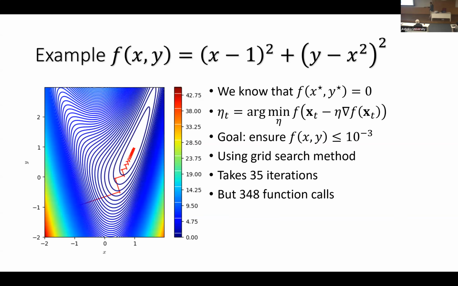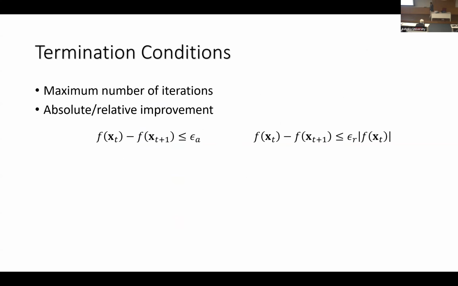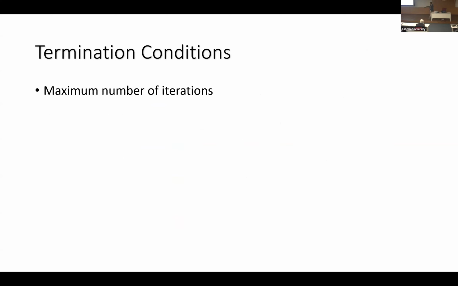The termination conditions: you have seen one kind of termination condition, which is the function being very small. Now, the downside of this termination condition is that every iteration we need to evaluate it. You can maybe skip for a few iterations, but still you need to evaluate later on. Another common one that is used is you just run it for 1,000 iterations and that's it.